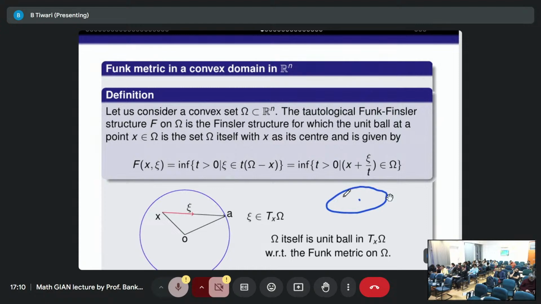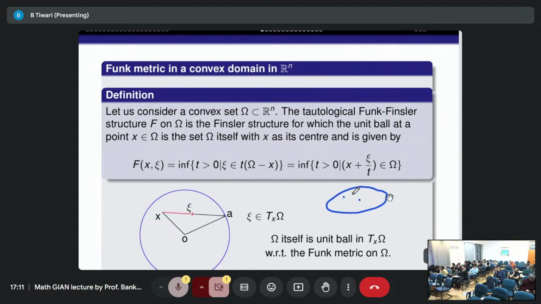You take another point, and for this point you identify your tangent space with your space Rn, and in that tangent space you can think of the same set as the unit ball centered at this particular point. So for various points, this ball is fixed, and you can think of that ball as the unit ball in the tangent space of that particular point.